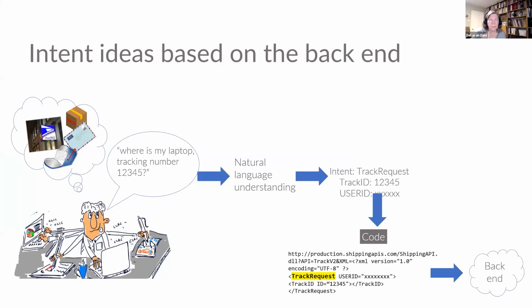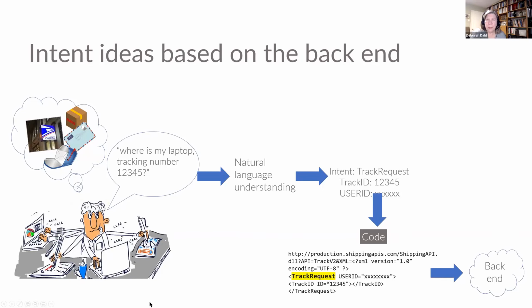The other place where you can get some pretty interesting intents is by looking at the back end that you're connecting with. So this example is from the actual United States Postal Service API, which they have a public API, which I think is very nice. And so the user could say something like, where's my laptop tracking number 12345? It gets understood by a natural language processing system, and then it's put into a structured format where there's an intent called track request, a tracking number, and maybe a user ID that you got from the user's login process.